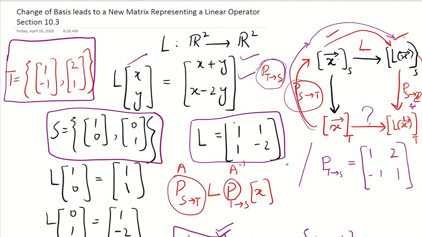If I call this matrix A, then going from here to here is the matrix A, then going from here to here is the matrix L, and then going from here to here is the matrix A inverse, because these two matrices are inverses of each other.